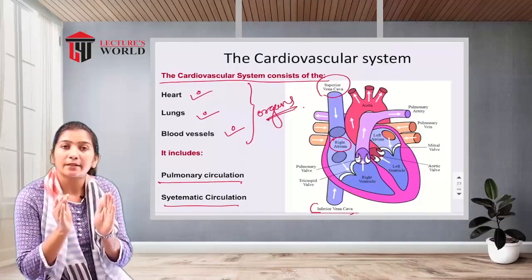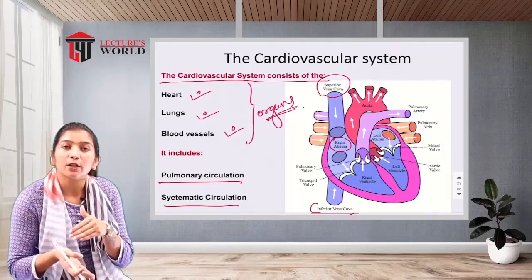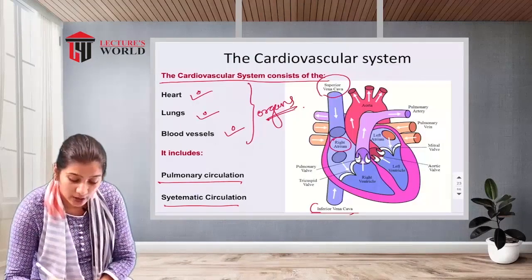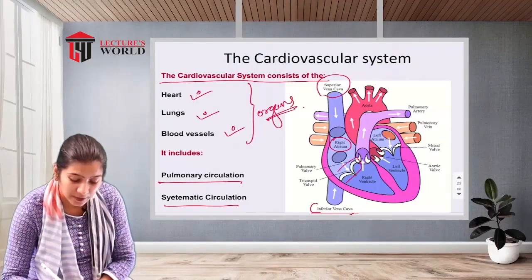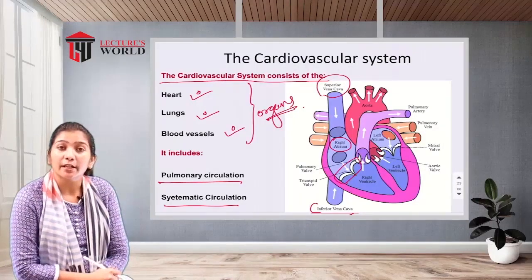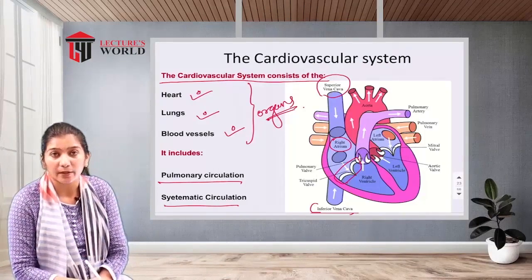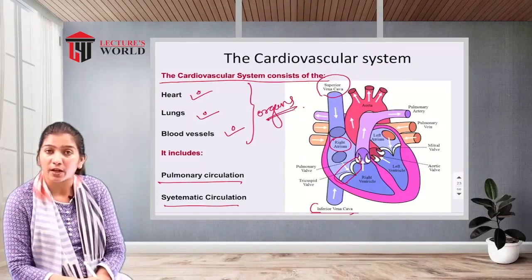From the right atrium, the deoxygenated blood comes down into the right ventricle with the help of the tricuspid valve.